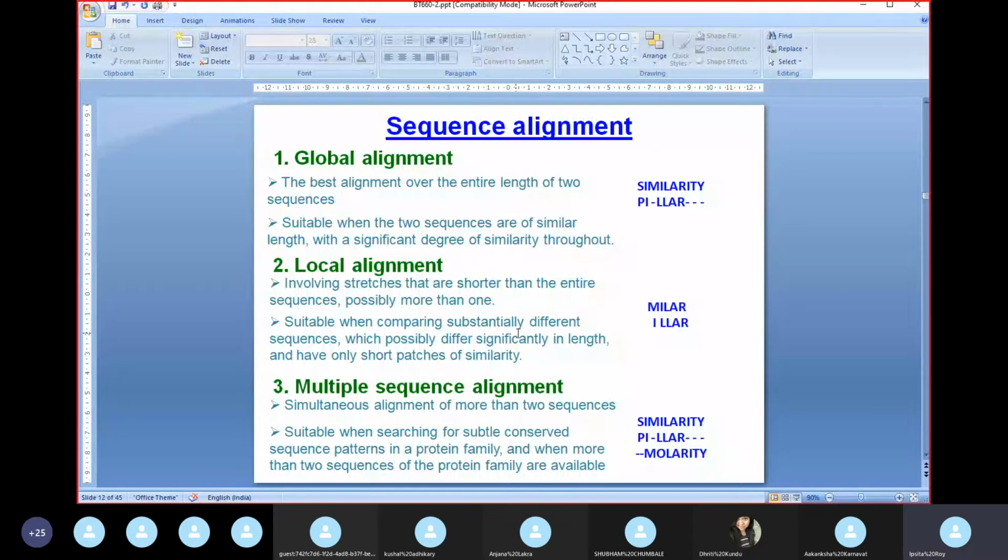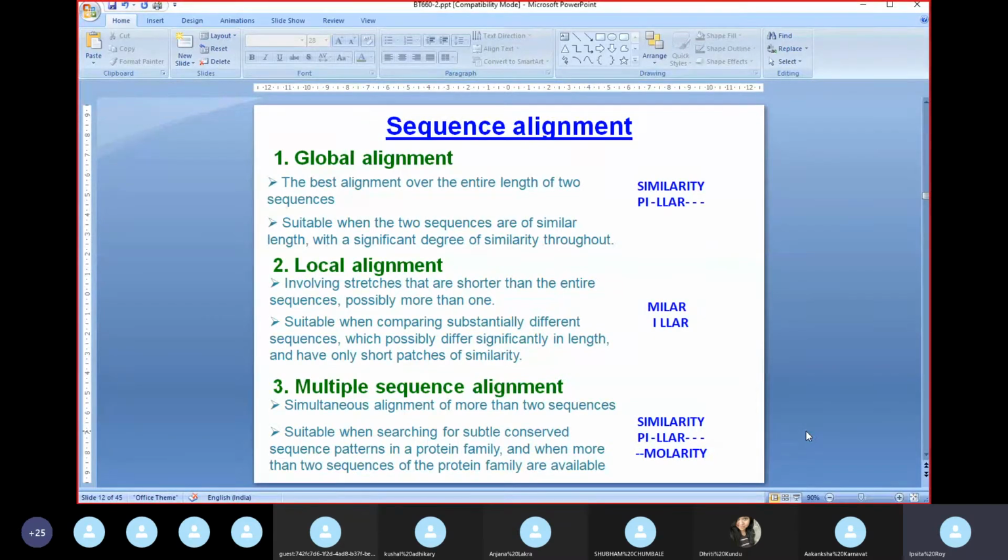And then I have multiple sequence alignments. So multiple sequence alignment would be something where I have more than two sequences. And this becomes useful when I'm trying to build an evolutionary relationship. Because in many cases, if I can build an evolutionary relationship, I know that this family was carrying out this function.